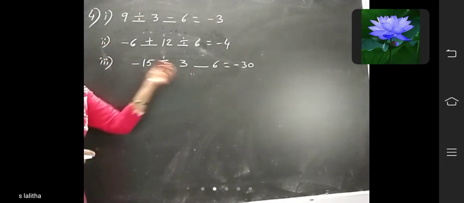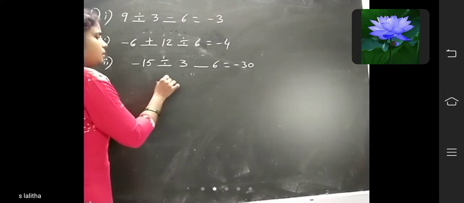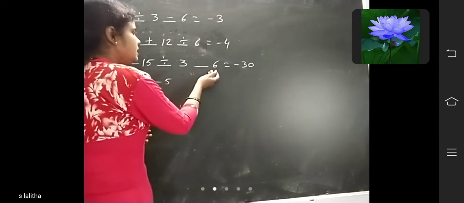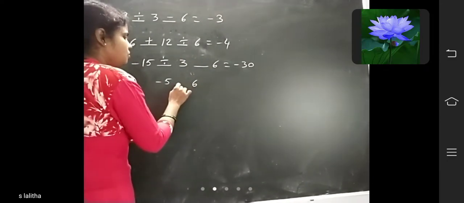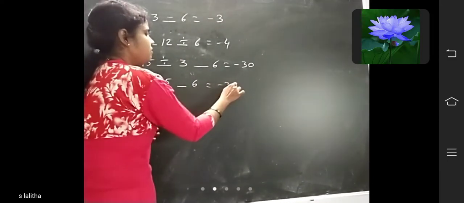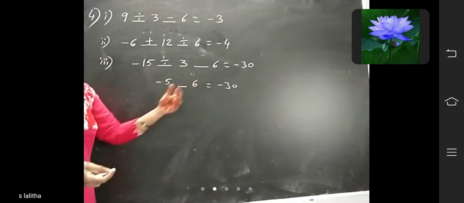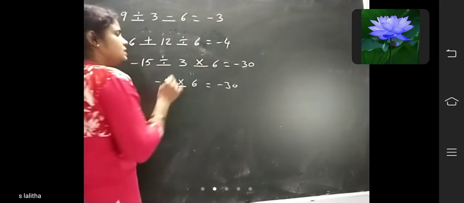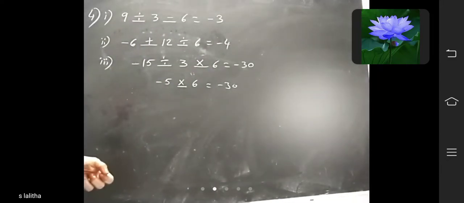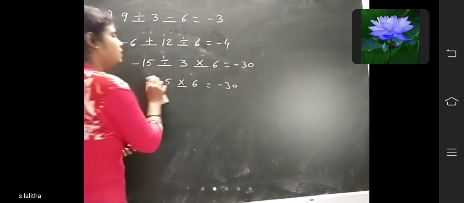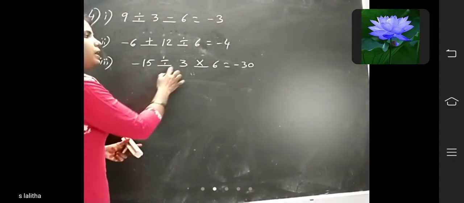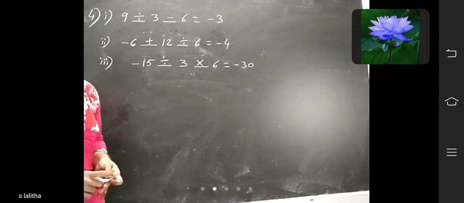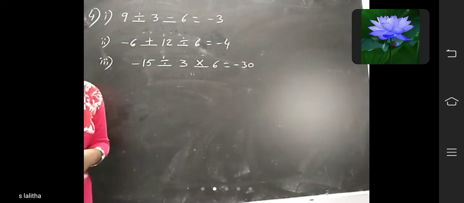Minus 15 divided by 3, how much? Minus 5 we will get. And next here 6 is there. Which operation do we have to use here? We will get 30. 5 sixes are 30, no? So multiplication. So the operations are divided by and multiplication. Did you understand now? Like that you have to guess it and do. Okay? Do.